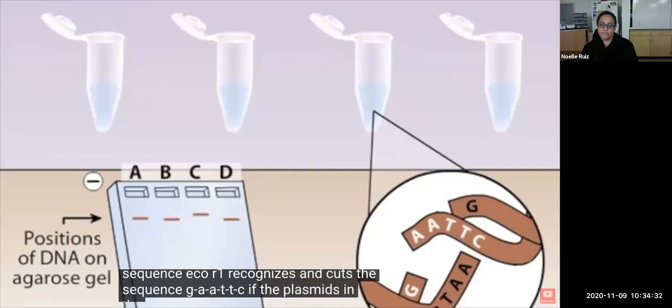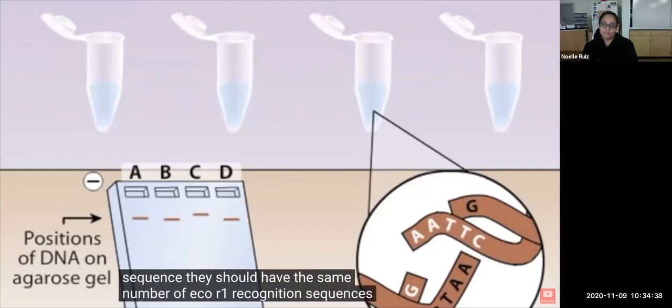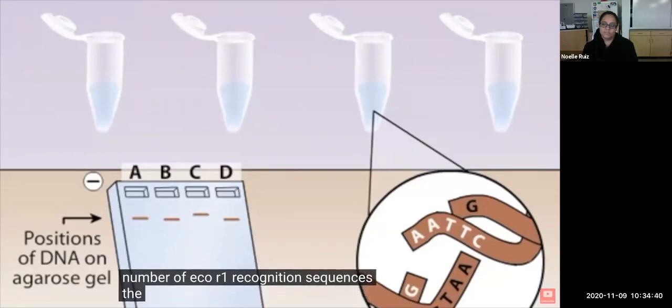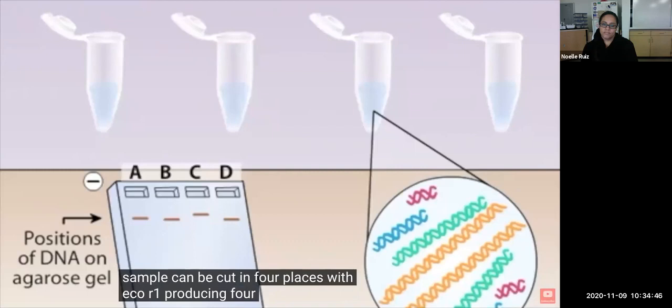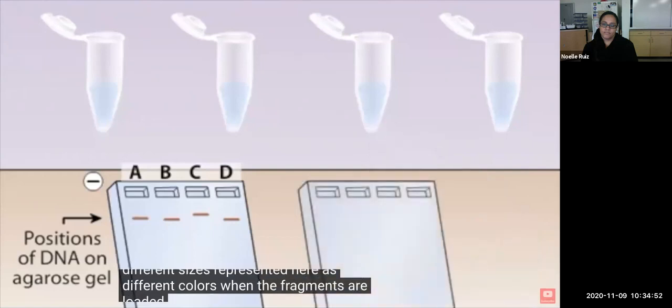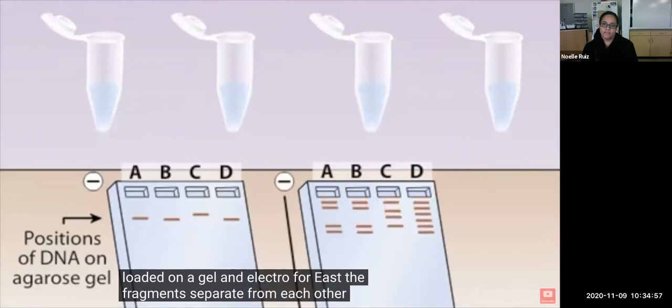If the plasmids in the different tubes are identical in sequence, they should have the same number of EcoR1 recognition sequences. The type of plasmid in this particular sample can be cut in 4 places with EcoR1, producing 4 fragments of different sizes, represented here as different colors. When the fragments are loaded on a gel and electrophoresed, the fragments separate from each other.